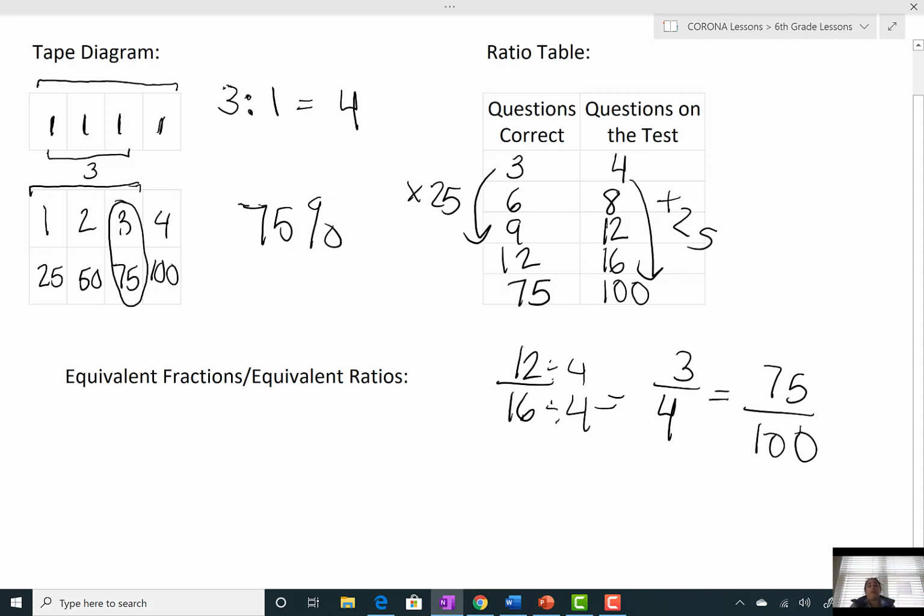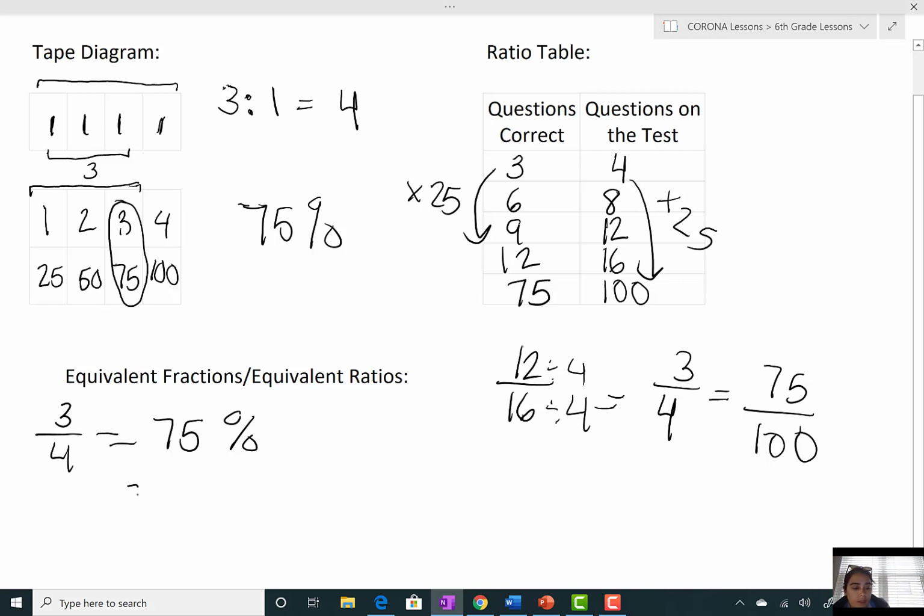So now if we look at it from a percentage perspective, you might not have needed to do this. You might know that 3/4 is 75% because it's like quarters with a dollar. 3 out of 4 quarters is 75 cents or 75%.